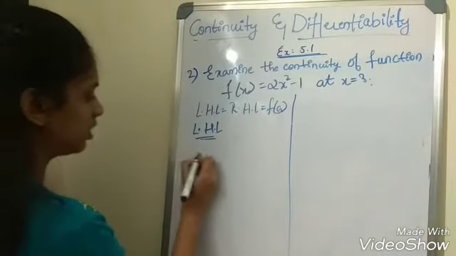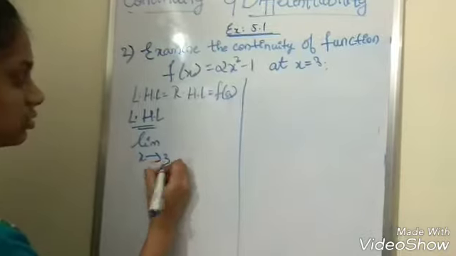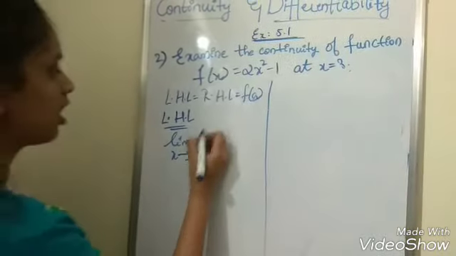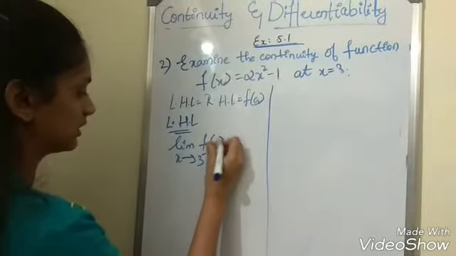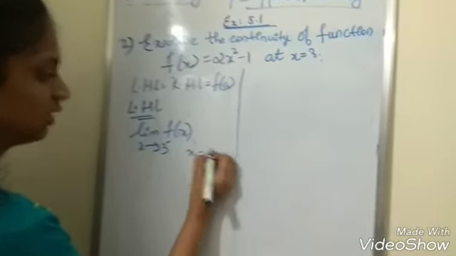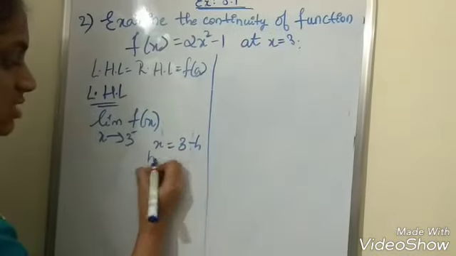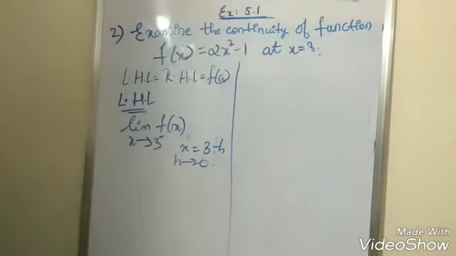Let the limit x tends to 3 minus of f of x. Let x be equal to 3 minus h, and let h tend to 0.